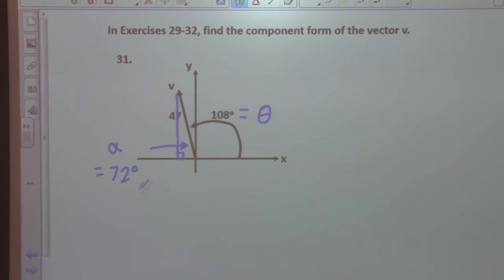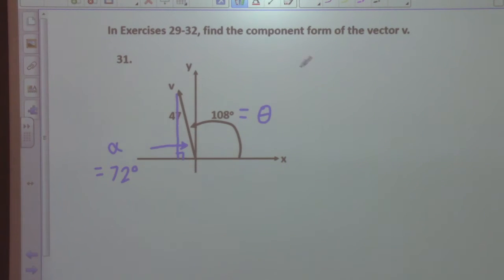We can use either one of these, but we're going to handle them differently. Now I'm going to try Dana's reference angle first.